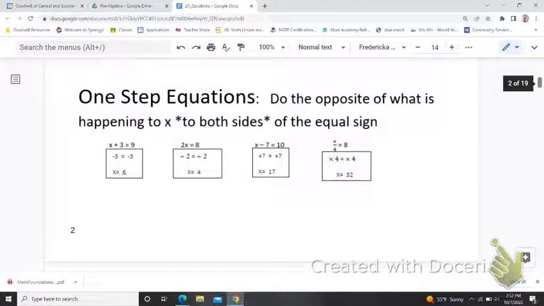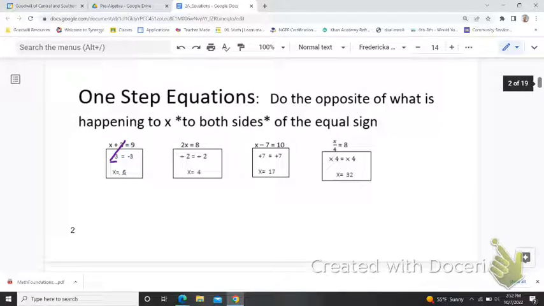So the golden rule is whatever you do to one side, you have to do to the other side of the equal sign, the other side of the equation. So I'm trying to get that x by itself, so the x has a 3 being added to it, so notice I need to subtract 3 to make this 3 go away. Whatever I do on the left side of the equal, I need to do on the right side of the equal.